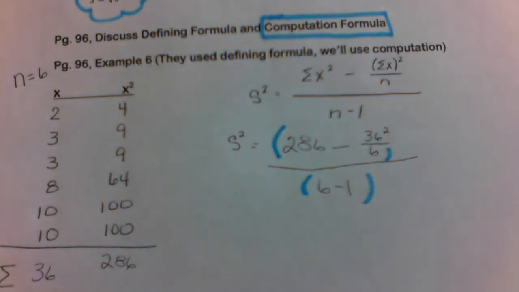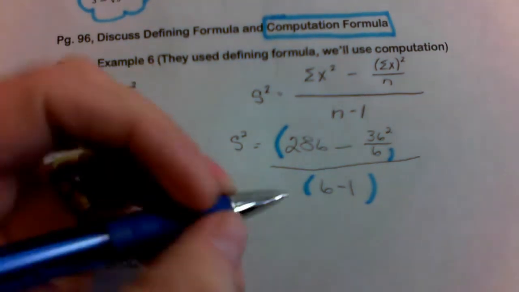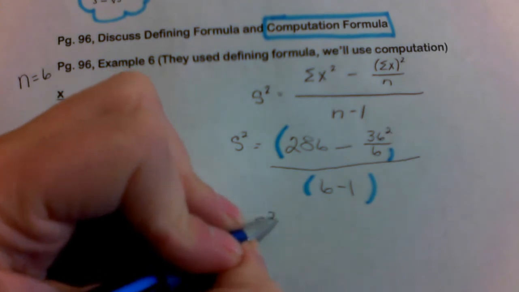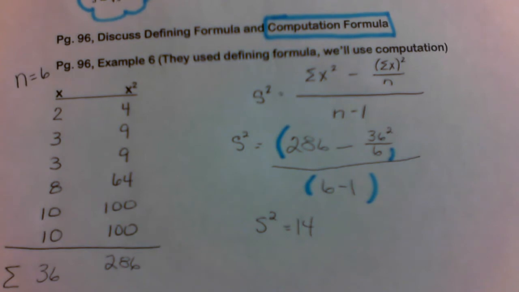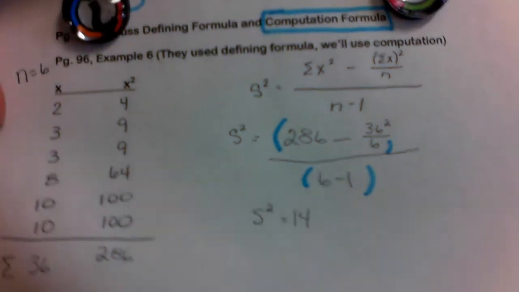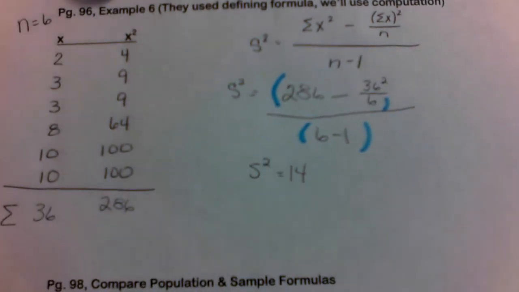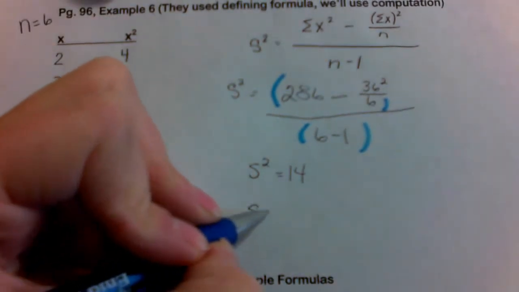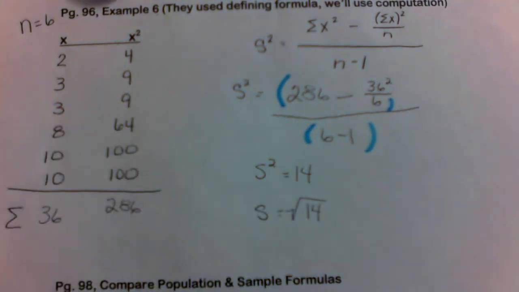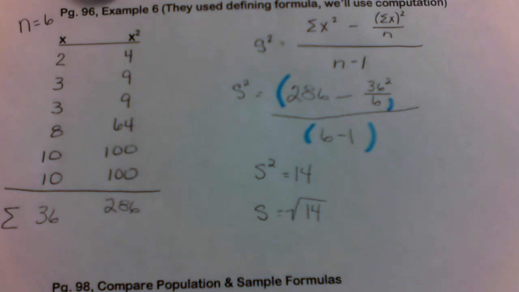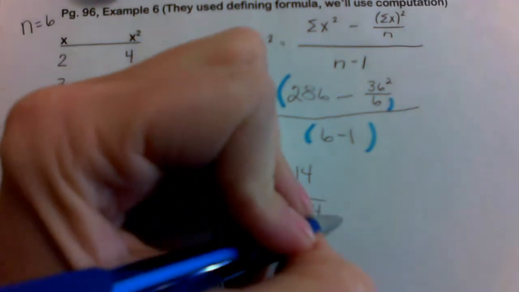So S squared equals 14. And again, that is the sample variance. Then, if you were asked to find the sample standard deviation, you just take the square root of 14, which is 3.74.